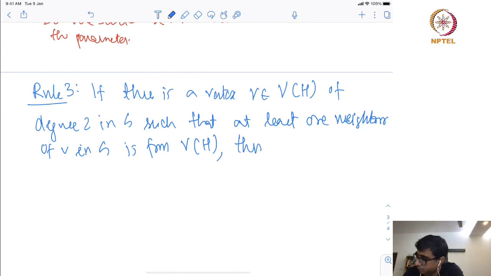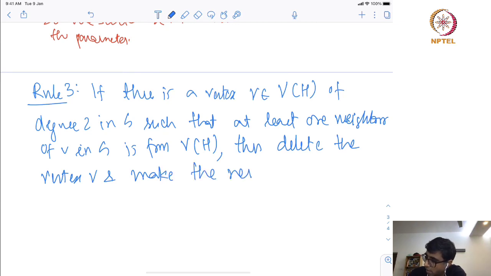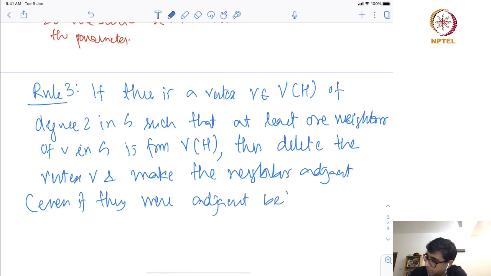Then delete the vertex v, okay, and make the neighbors adjacent, even if they were adjacent before, okay.